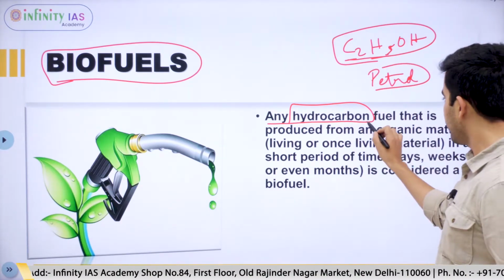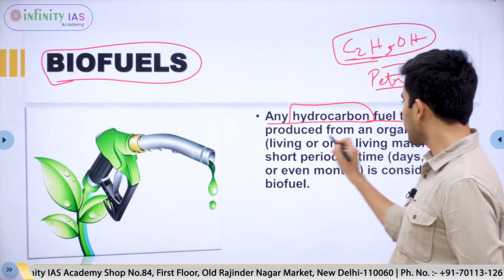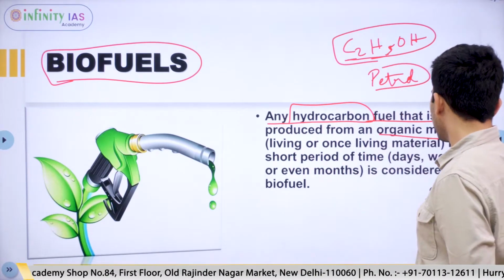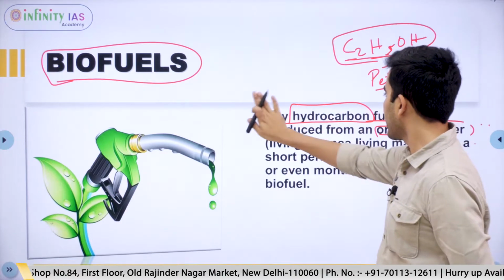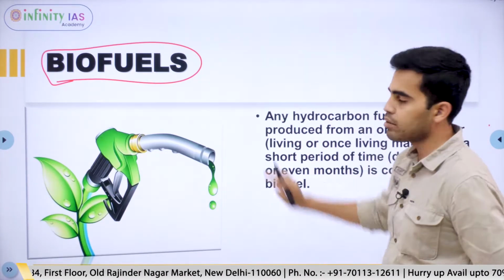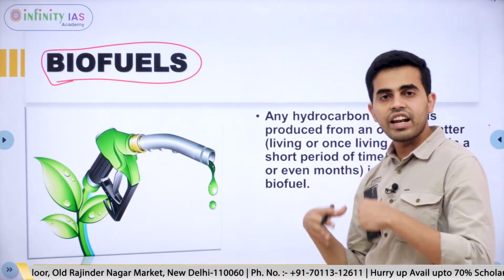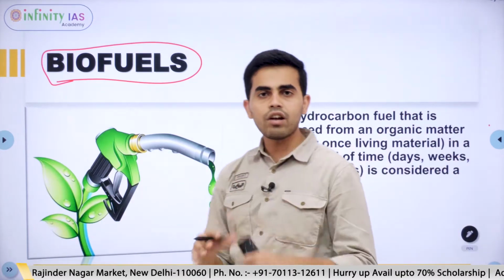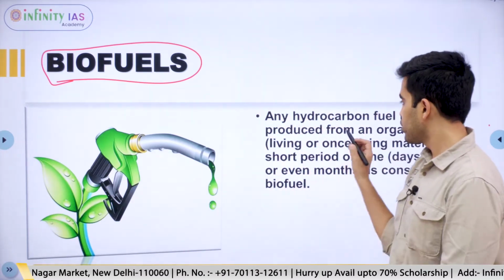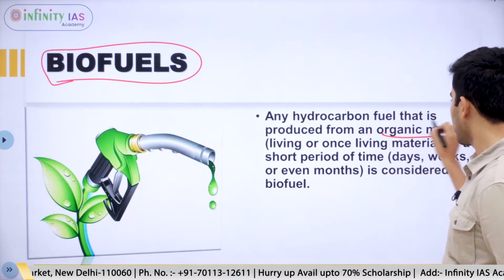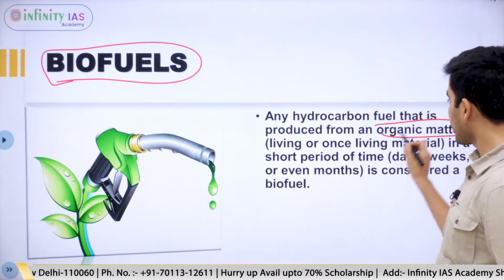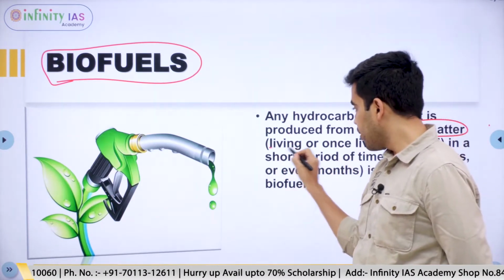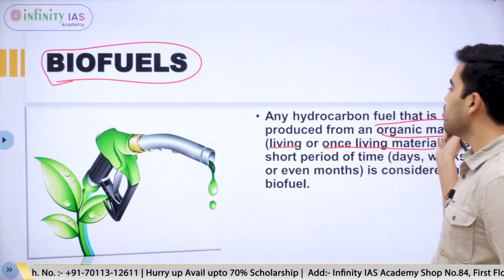fuels. Such fuel that is produced from an organic matter. So organic matter means something that is derived from living sources or biological sources. So produced from organic matter. The organic matter can be living or once living material.